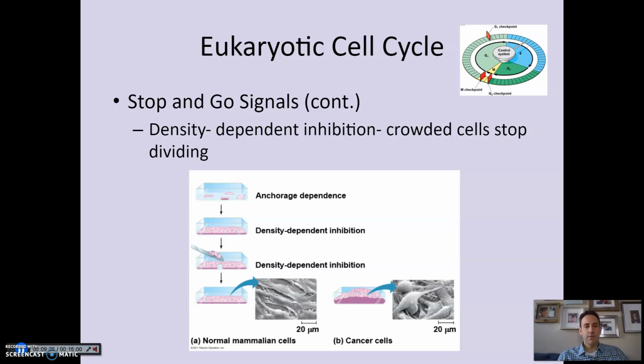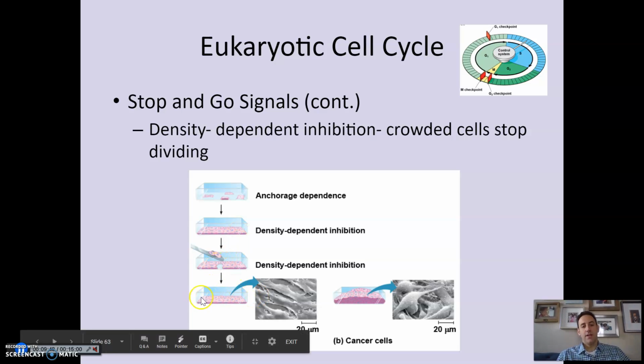Another stop or go signal is density-dependent inhibition. What that means is crowded cells will actually stop dividing. If you put some cells into a petri dish, they will divide on their own and spread out until they form a nice even layer across the bottom. If you scoop some out, they will divide and replace that missing part and then stop.